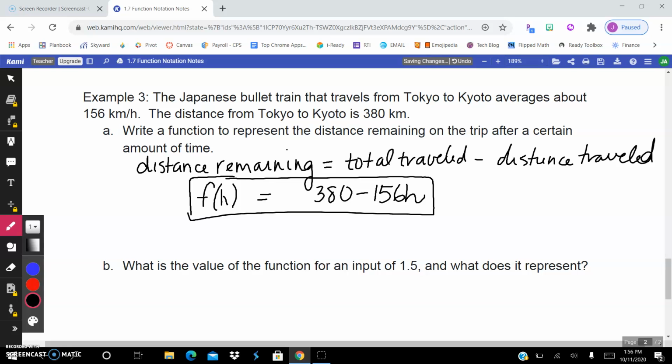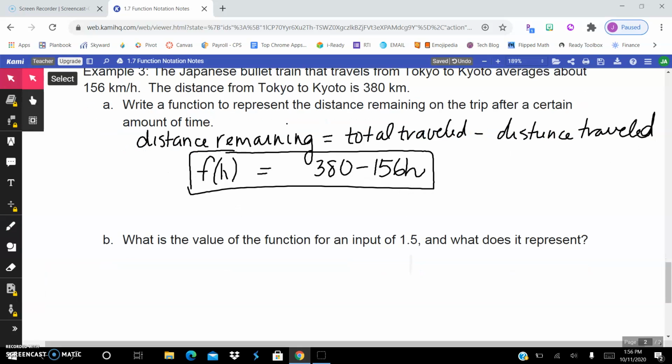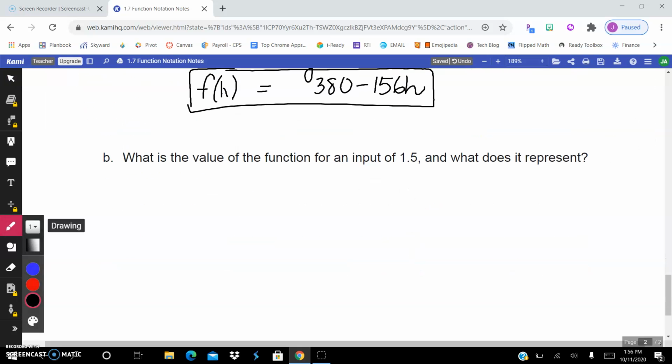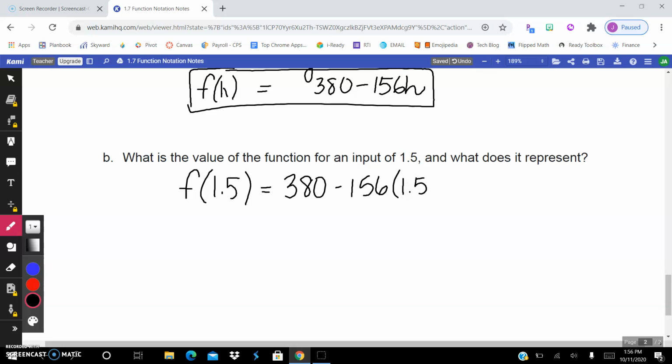And then part B says, what is the value of the function for an input of 1.5 and what does it represent? So we're going to plug in 1.5 for h. So we're going to have f of 1.5 equals 380 minus 156 times 1.5. And when I plug that all into my calculator, I'm going to get f of 1.5 is going to equal 146.